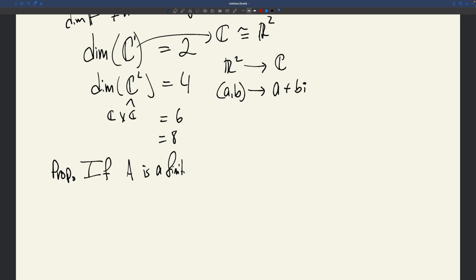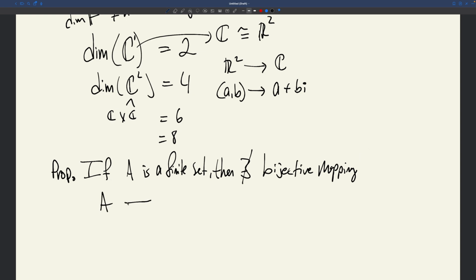If A is a finite set, then there is no bijective mapping from A to B such that B is a proper subset of A. I don't even know if this is in the text itself.